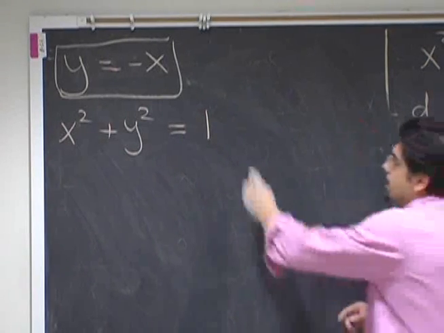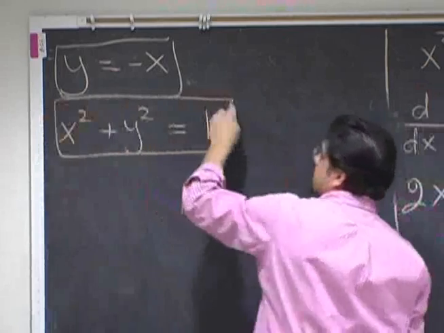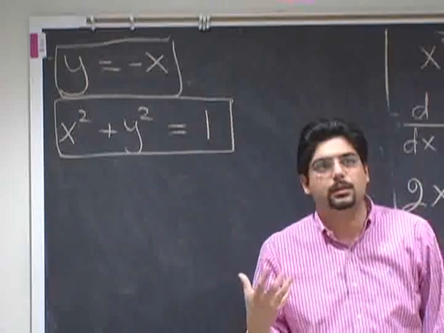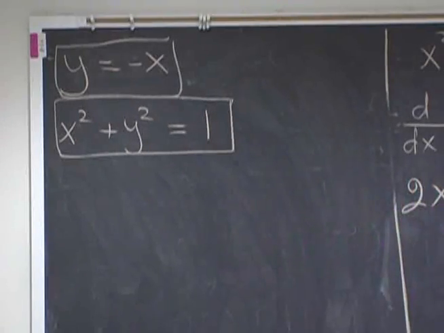Solving a system of equations graphically represents what? So this is from basic algebra. Graphically, what does it represent? Intersection points, thank you. So this represents the circle. What does y equals negative x represent? Represents a line, right? So we're looking for these two intersection points. Those are the points where the slope would be 1.